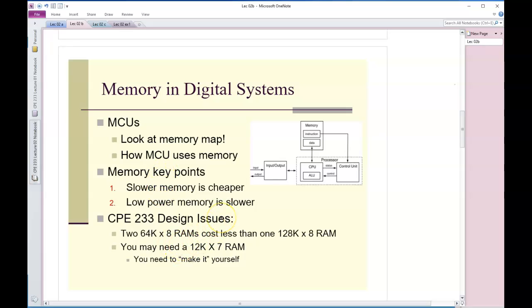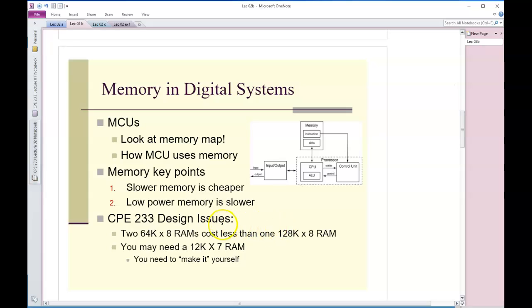The thing we're moving towards, we're not going to quite make it here yet, is that part of the course is working with memory, so I want you to be able to piece together memories as you need them. Typically speaking, if you need a 128K by 8 RAM, you don't use a 128K by 8 RAM.